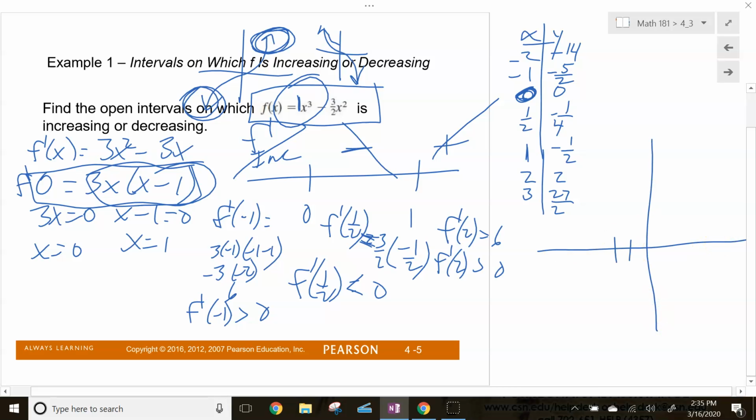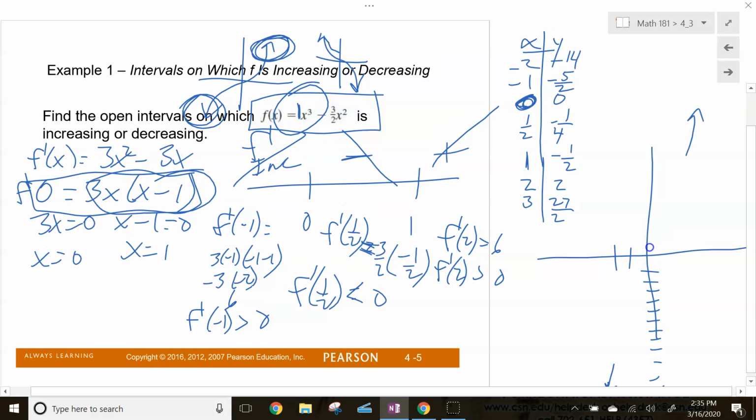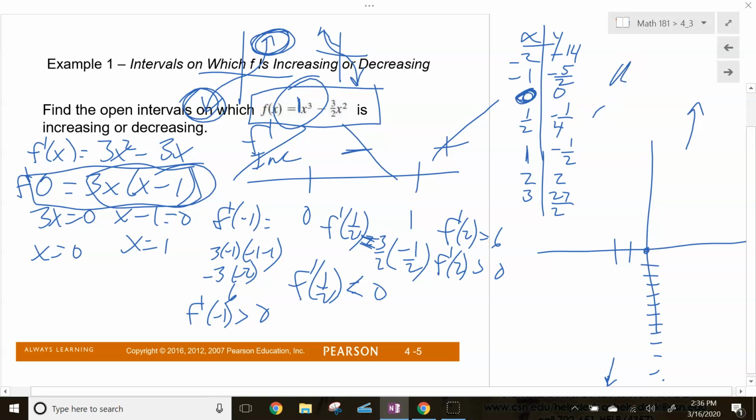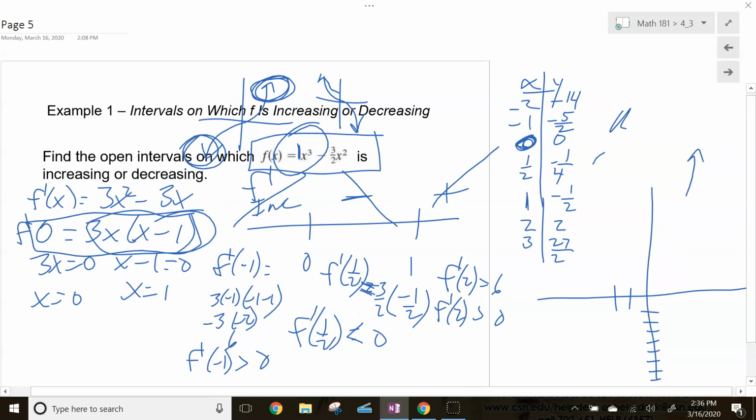So we got this -2, -14 clear down here. We know it goes down to the left, and we also know it goes up and to the right. We're hitting 0, 0. We're also hitting 1 comma -1/2 right there.